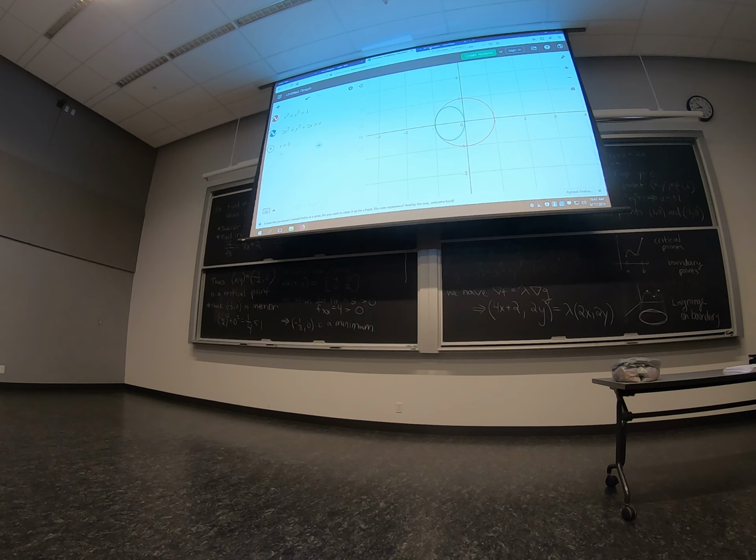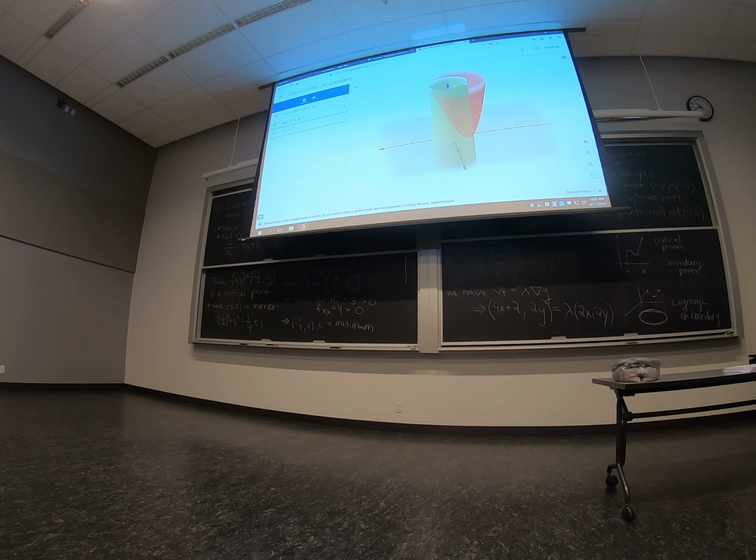What does that correspond to in the 3D picture? In the 3D picture, it's corresponding to these guys touching right here. So it's corresponding to the fact that those two curves touch on the boundary of the cylinder.